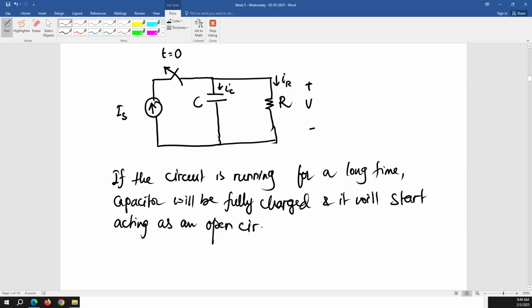Therefore, no current will flow through the capacitor. All the current is going to flow through the resistor, and the source current is going to be the same as the current passing through the resistor. So IS and IR will be the same.